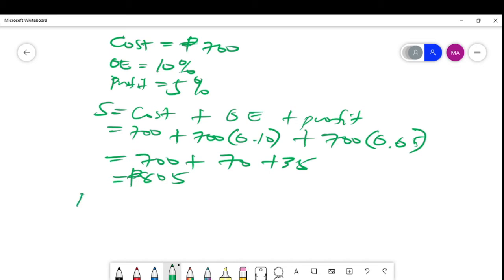Next, we have to determine the markup price for each bag. So this is 805 pesos minus the cost of 700. So the markup is 105 pesos.